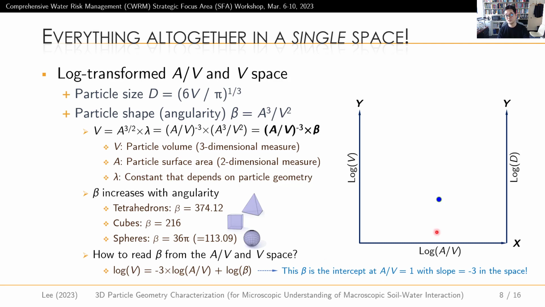So for example, for this data point, if I want to evaluate the particle angularity, you can simply draw a line of slope minus 3. And then the intercept at A over V equals 1 represents the shape angularity of this particular data point.